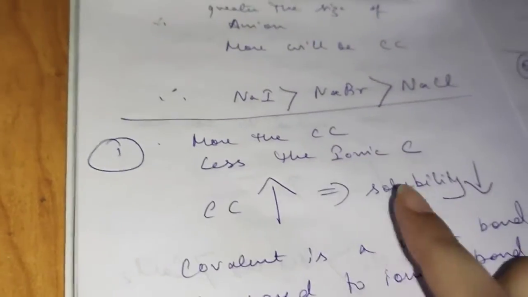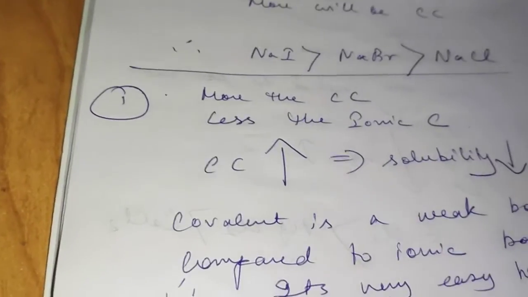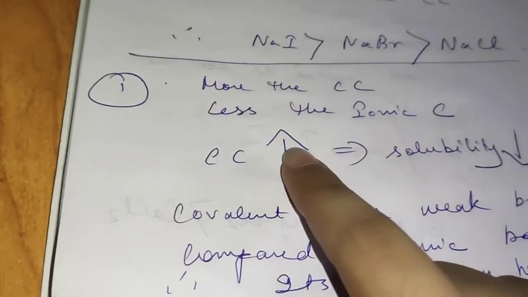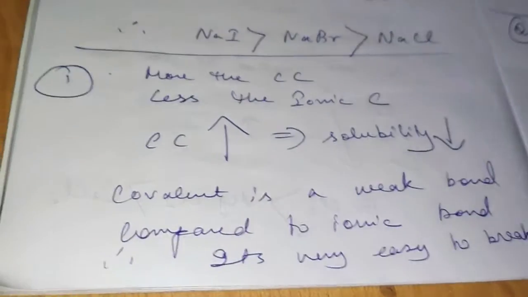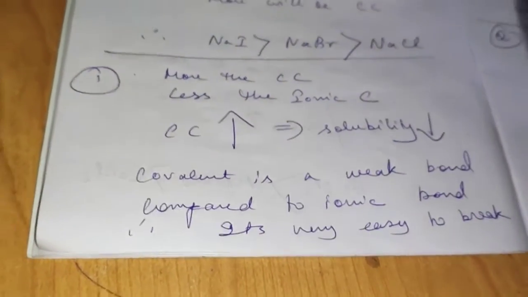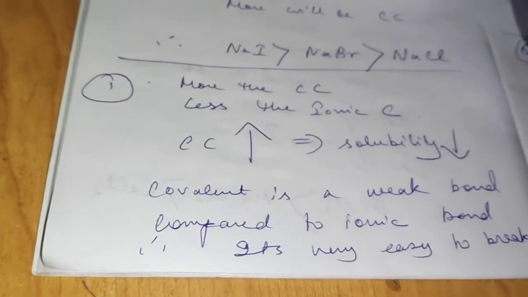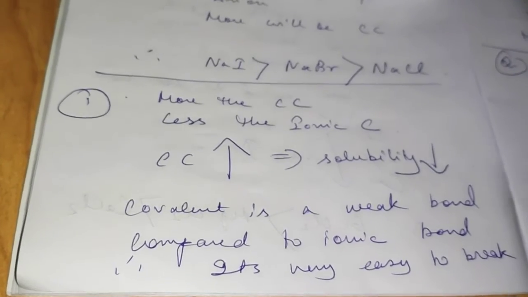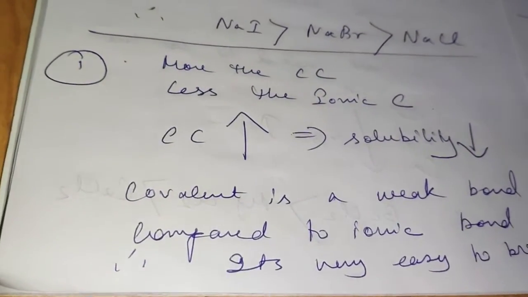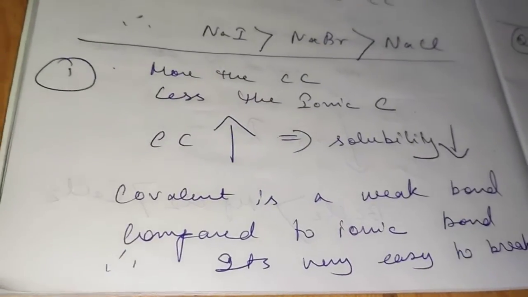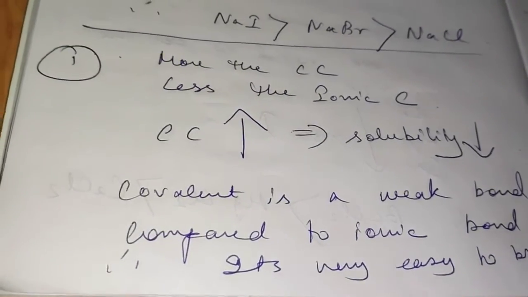right? So a few conclusions we have come across: the more the covalent character, the solubility will decrease. The reason, covalent is a weak bond compared to ionic bonds. Ionic bonds are very, very strong. So since covalent is a very weak bond, it is very easy to break them, isn't it?